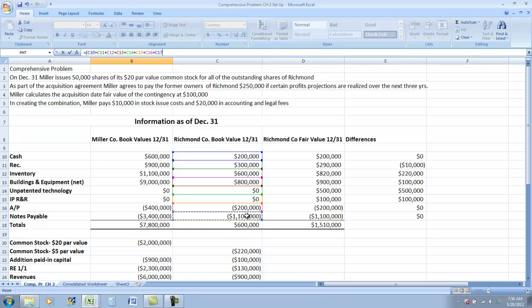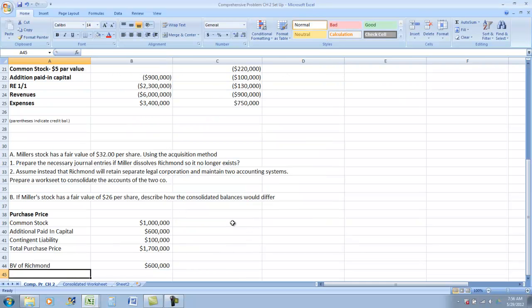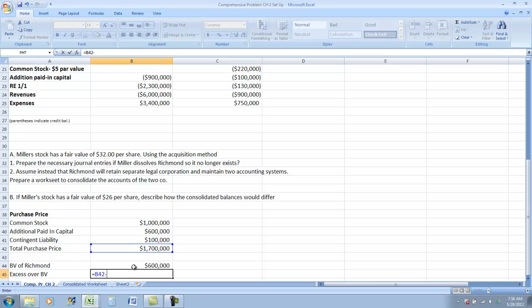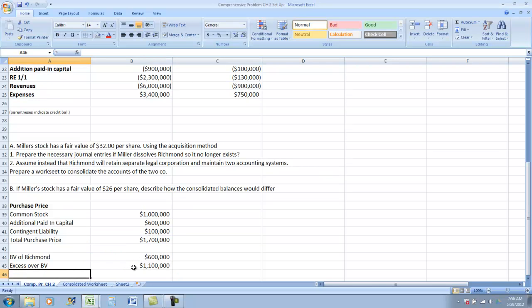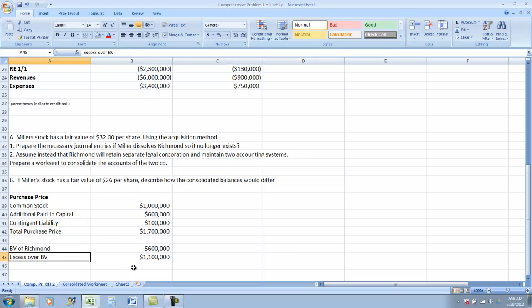These are already in negative form, so they're already in minus. So that's the book value of Richmond. Now we figure out what our excess over book value is, and that is our total purchase price minus our book value. So our excess is $1.1 million.